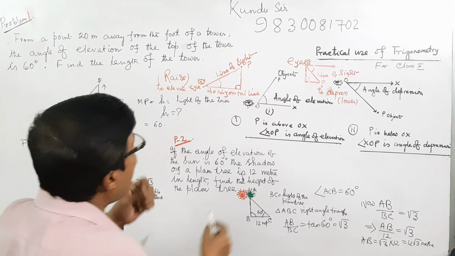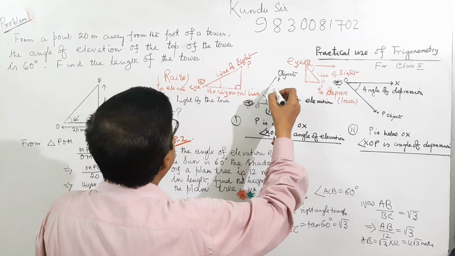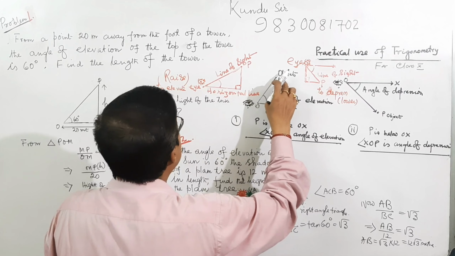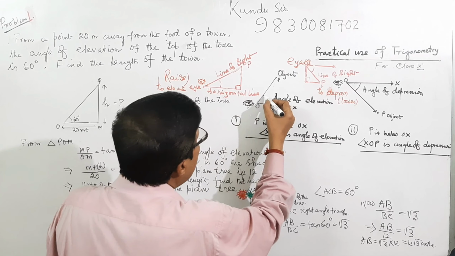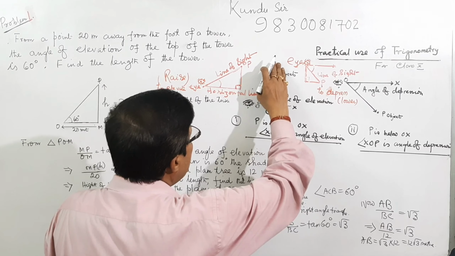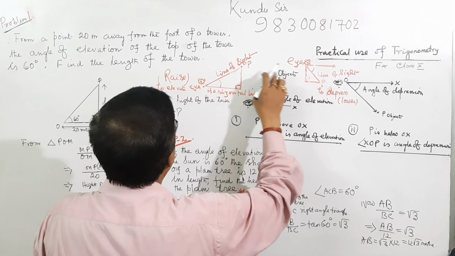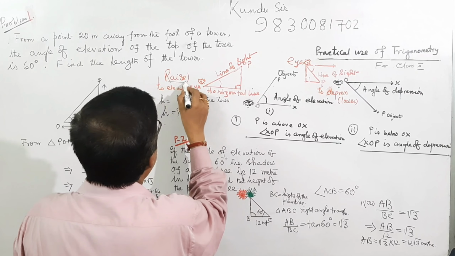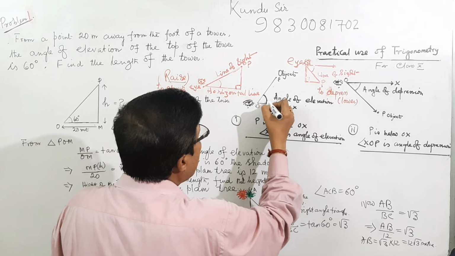Someone wants to see the object P. When the object is on the upper side of the horizontal, the person who wants to see the object should raise his or her eyes. It is called the angle of elevation.